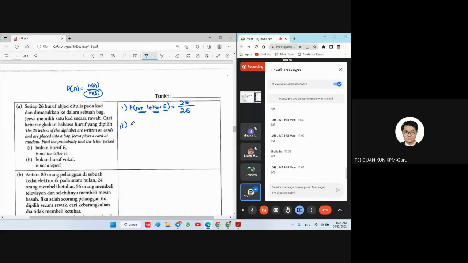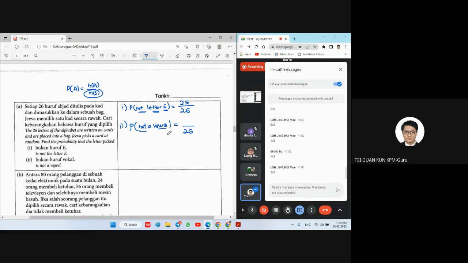Okay, second. Probability of not a vowel. The same, the sample space is 26. There are 26 letters altogether. Not a vowel.